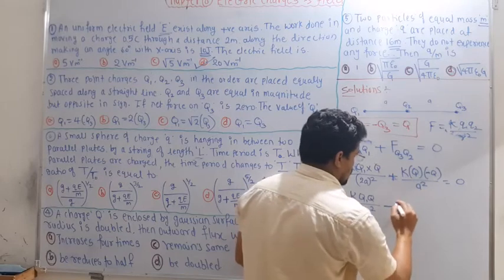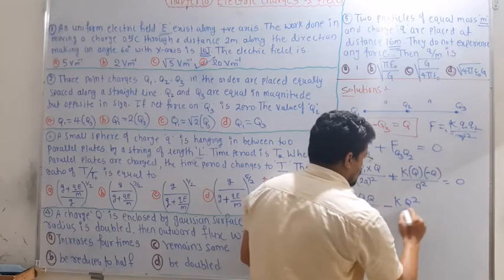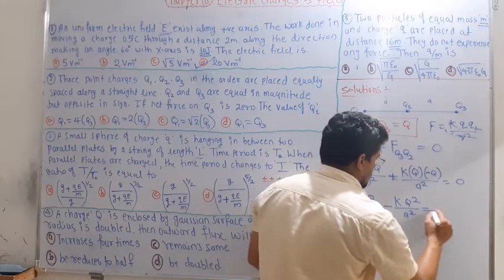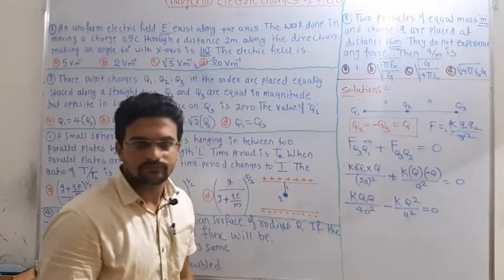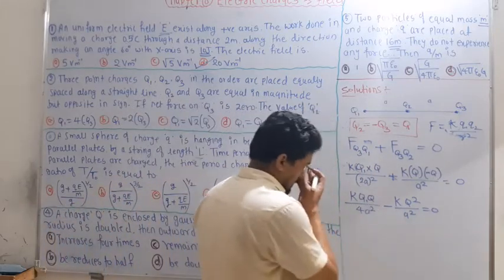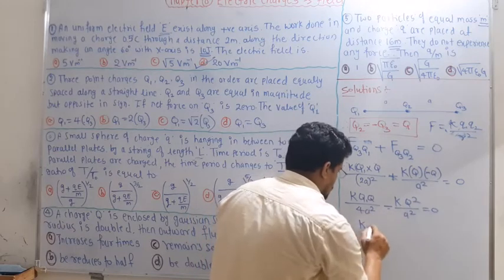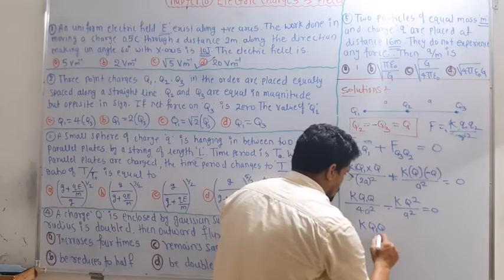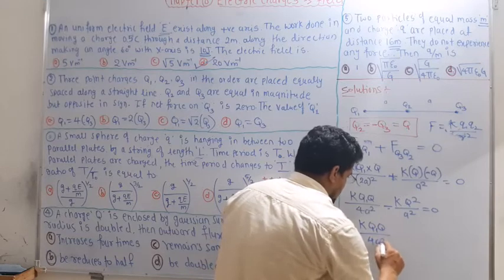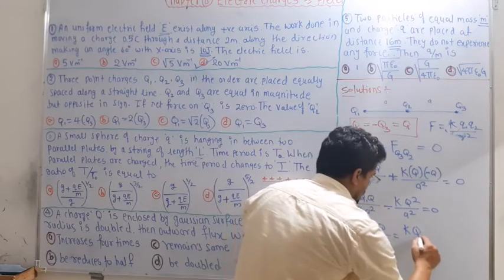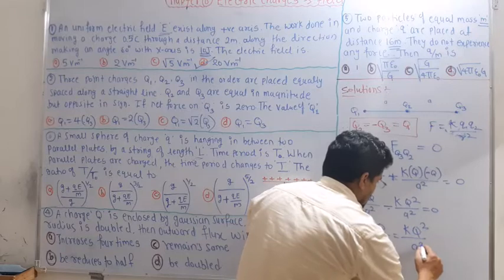You will get K Q square divided by a square equal to 0. Next, taking this to the other side, K Q1 Q divided by 4a square is equal to K Q square divided by a square.